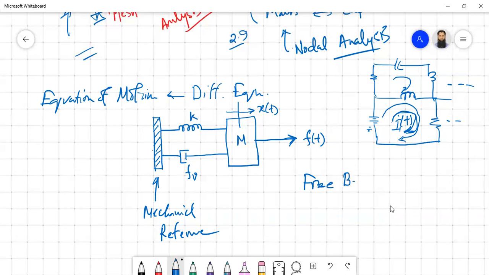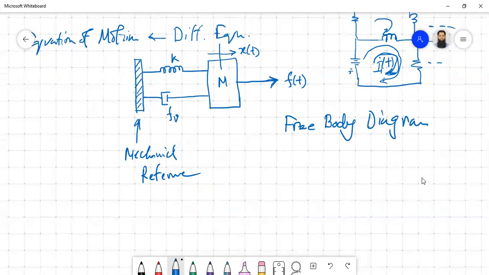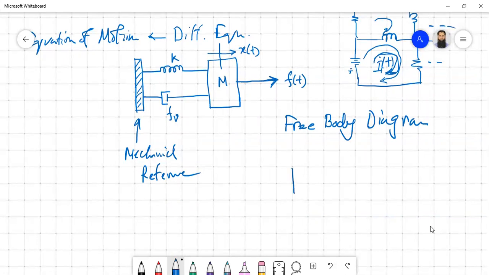Basically, on whatever mass m you have, you have to assume the force direction, as well as give the direction of the motion x(t). Then you have to find the forces that are actually applied on it.